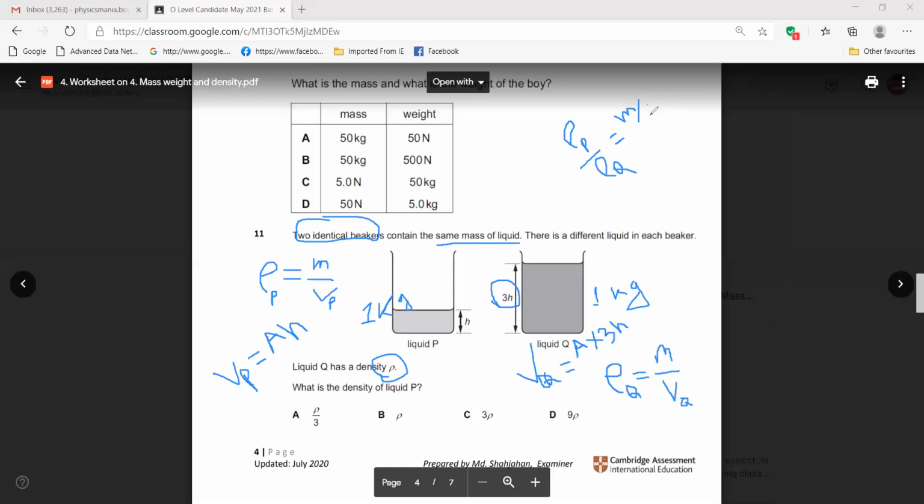So we write AH. Then we can also write m by A into 3H, that means 3AH.